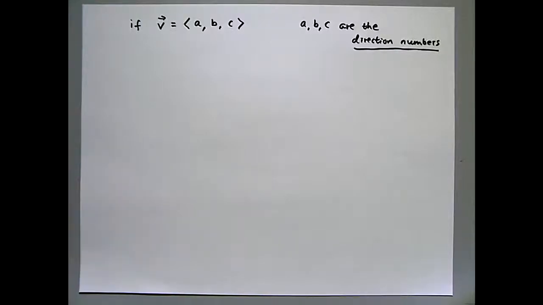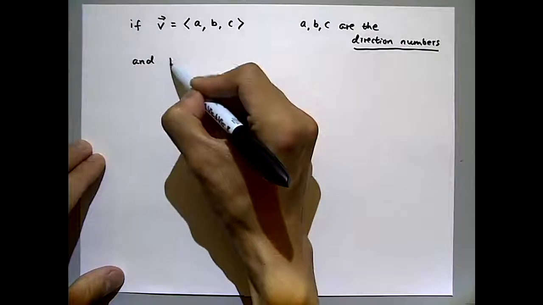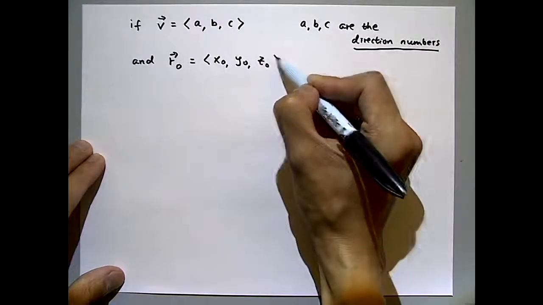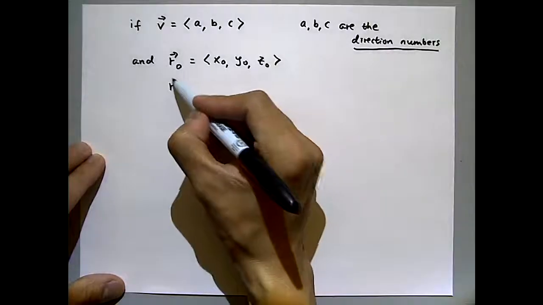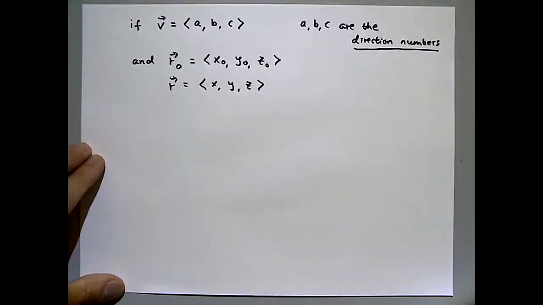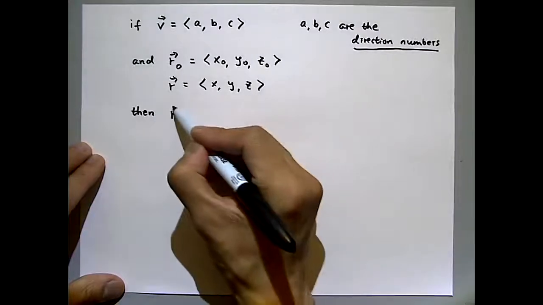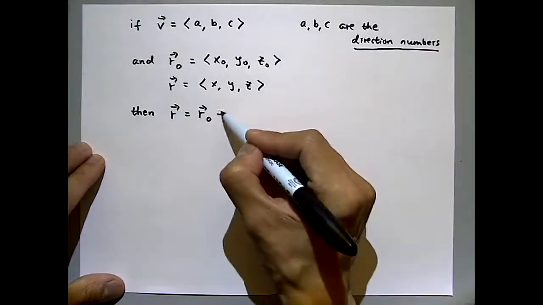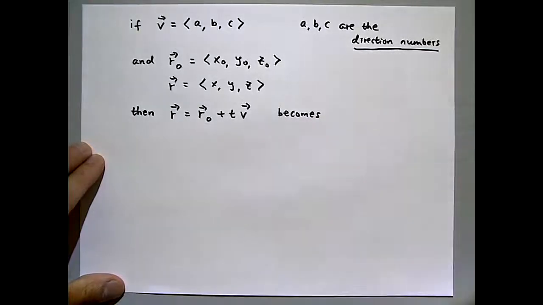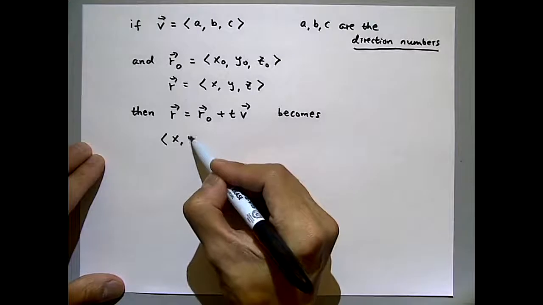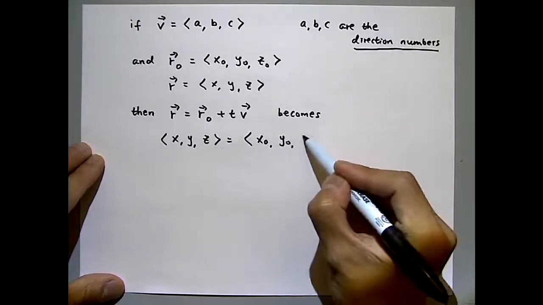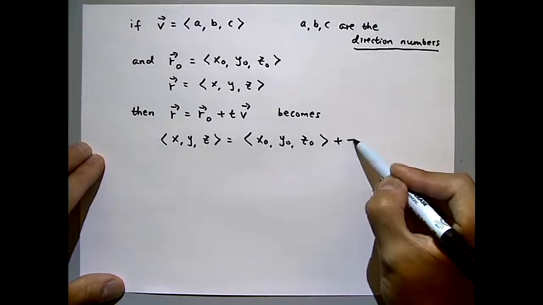Okay, so for example, if v is ABC, and everything else can be broken down into the x, y, and z components the same way, then the vector equation we just looked at becomes vector x, y, z equal to the vector x sub 0, y sub 0, z sub 0, plus the parameter t.